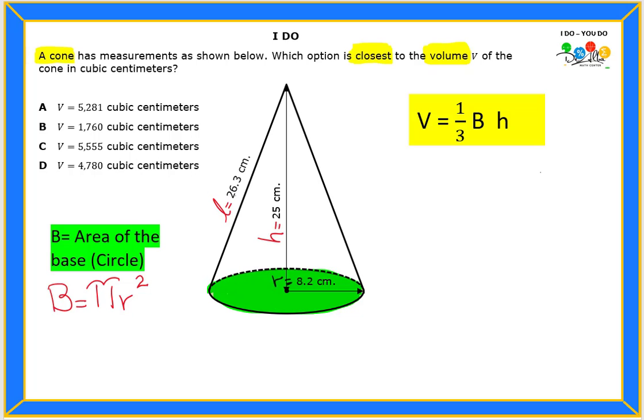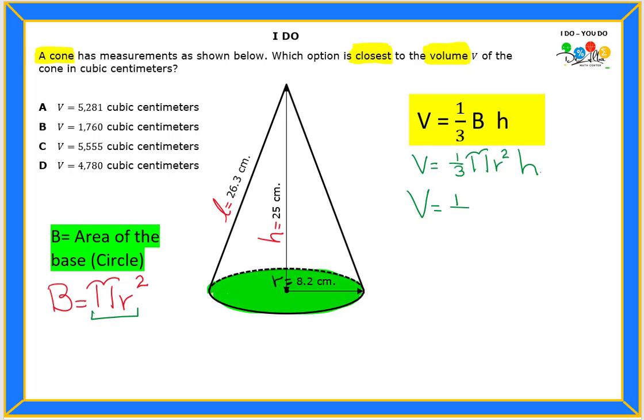So what I want to do next is go back to the formula. I'm going to rewrite it. The 1/3, I write it down again. Now the capital B, I will replace it with pi radius squared. And the height, I'm still going to bring it down, okay? So let's replace the values that can be replaced.